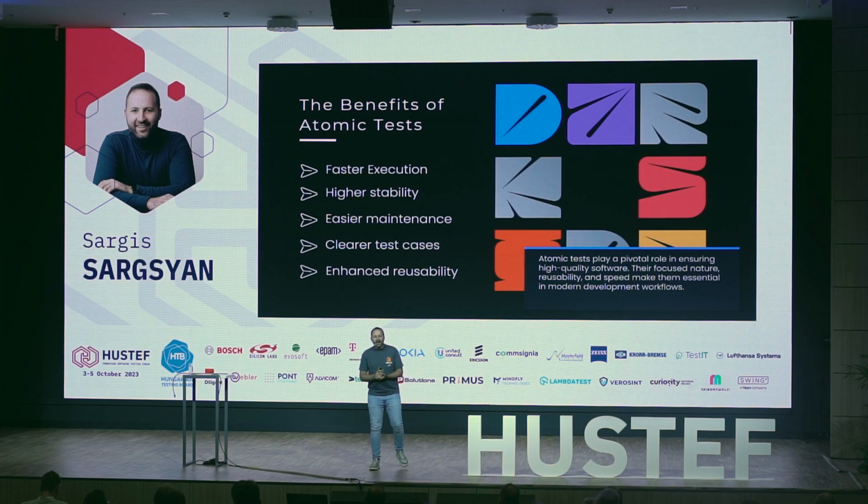We can improve it. To be more specific, I had an experience in my life when we were running 7,000 Selenium tests within 40 minutes, and we were saying it's super slow.